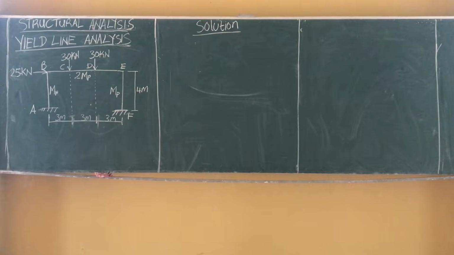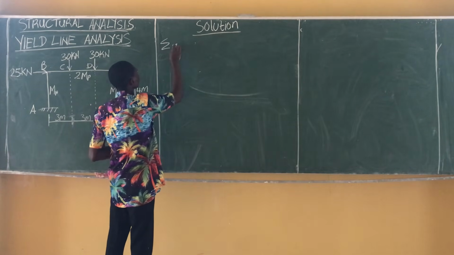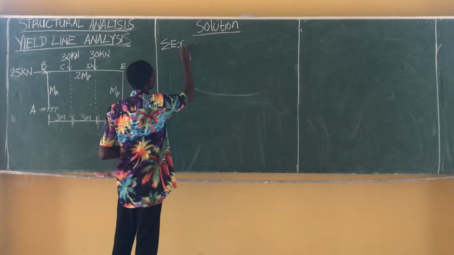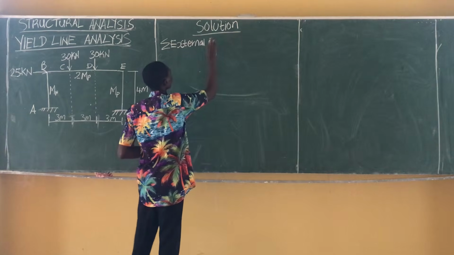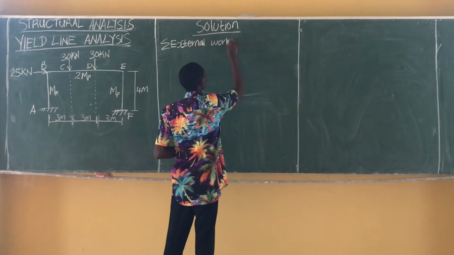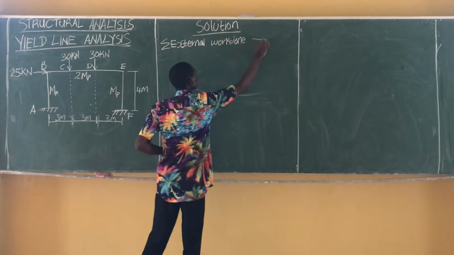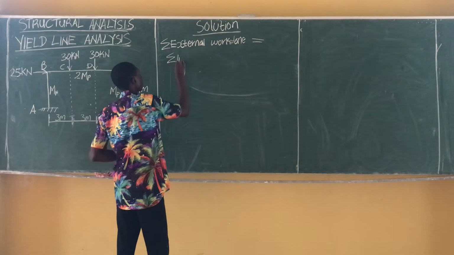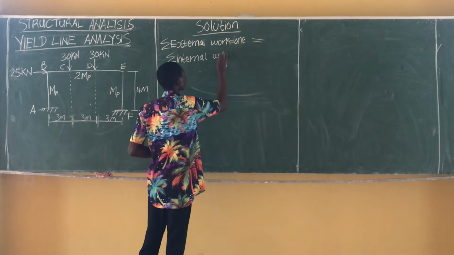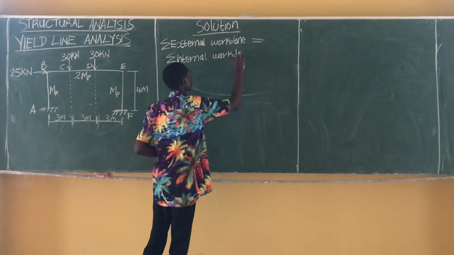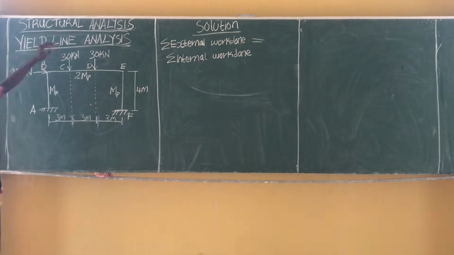So, a very basic concept using the principle of virtual work is that the summation of our external work done is equal to the summation of our internal work done. Okay, now this is the first thing we should know.